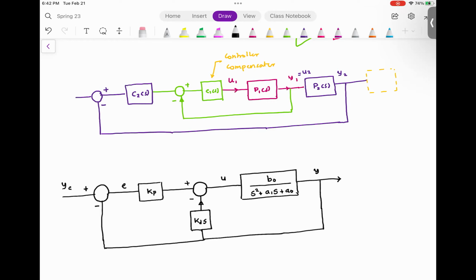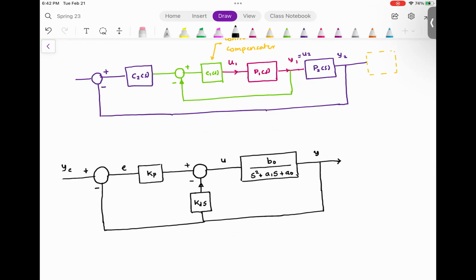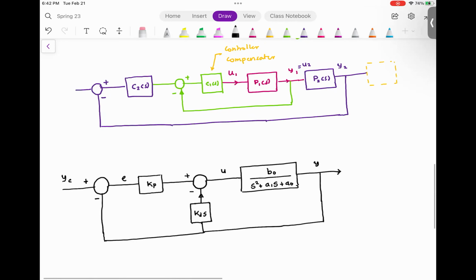First and foremost, don't just answer the question because I use the KDs and KPs. Please understand this is not your conventional PID control. What happens in conventional PID control? You have a proportional gain, integral gain, and derivative gain. They are all situated in the error term.